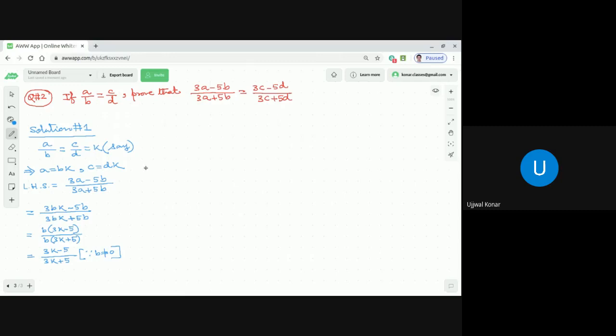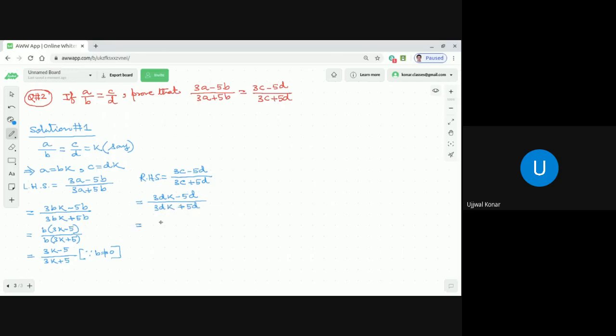Now, in the same manner, if we do the right hand side, that is equal to (3c minus 5d) divided by (3c plus 5d). c is equal to dk. So 3dk minus 5d divided by 3dk plus 5d.